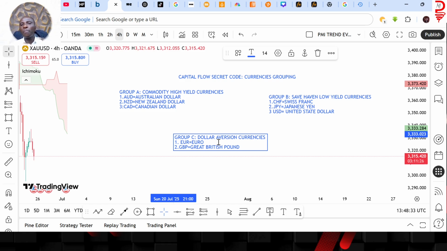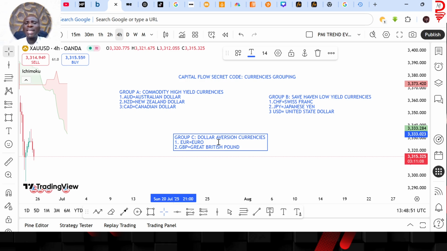Now, when you pick currencies across these three different groups, you are going to play a market that has a very clear trend. I'm going to show you examples so that you will understand what I'm discussing.